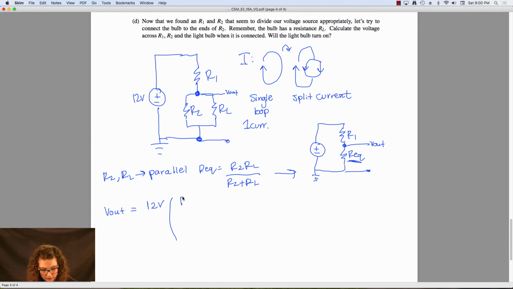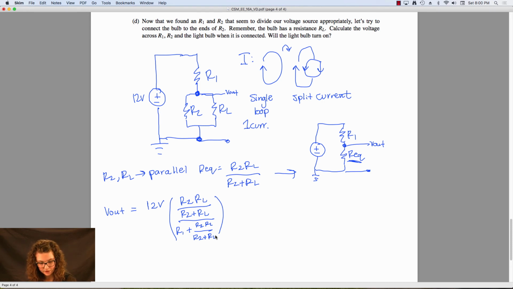I'm going to substitute that in right now: R2 RL over R2 plus RL, and then that is over the sum of everything, so R1 plus this fraction, just smaller. I hope my handwriting's still readable at this small size.